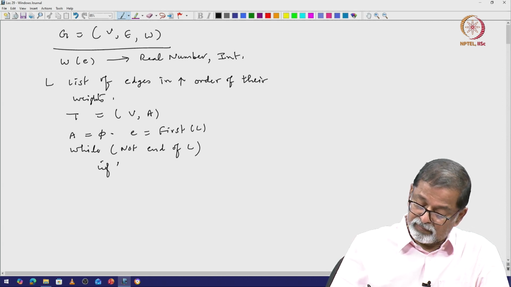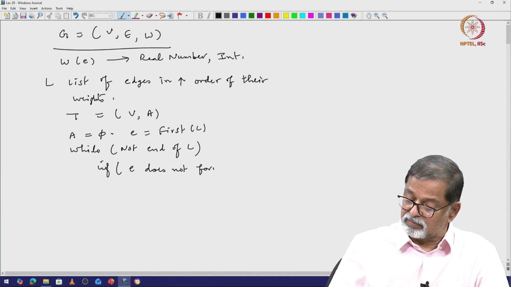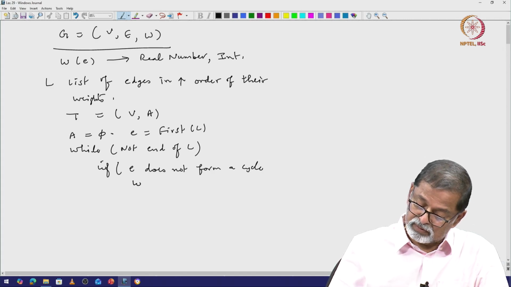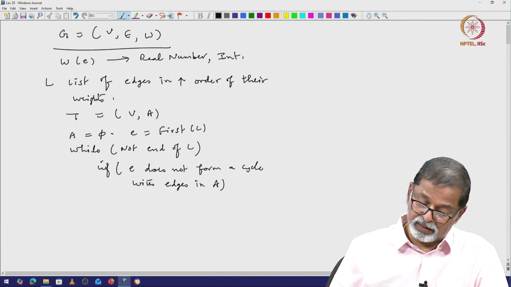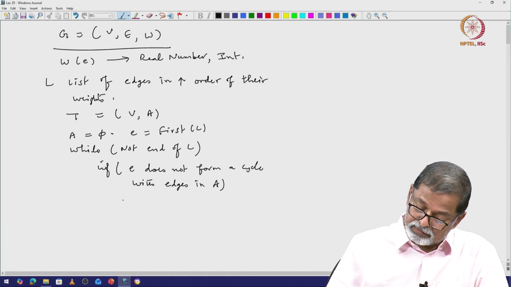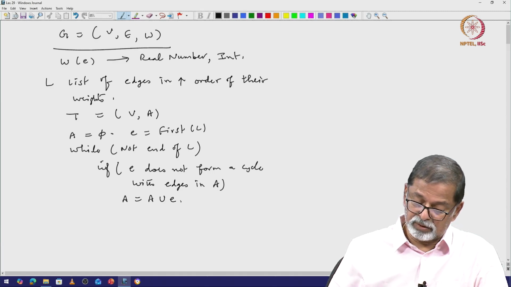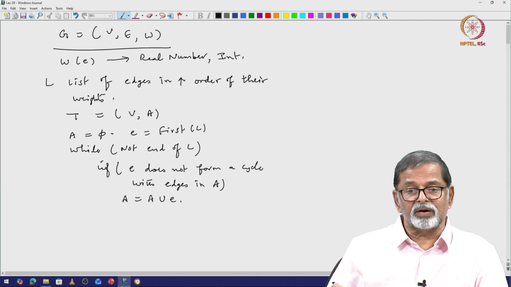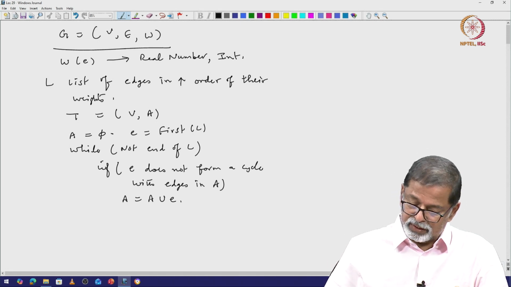If E does not form a cycle with edges in A, then we add it: A equals A union E. If E forms a cycle, then we ignore that.